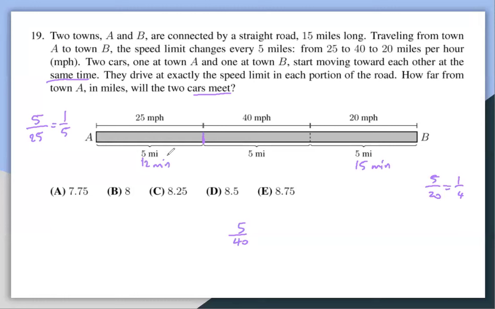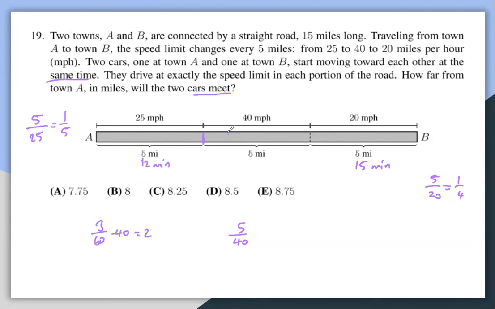We want to know how far person A will move from this point in 3 minutes, because this guy will be there at that time. So 3 minutes is 3 over 60 hours, and the speed is 40 miles per hour. 120 over 60 is 2 miles.